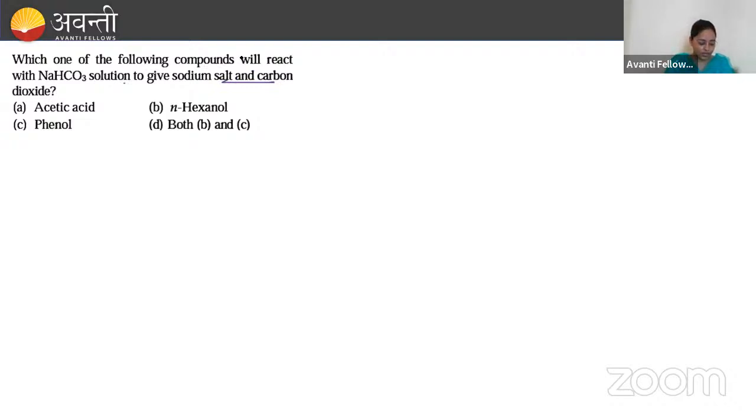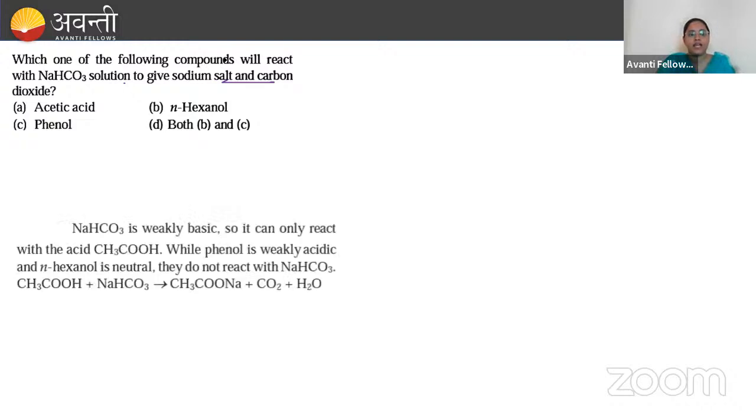Okay, next question. Which one of the following compounds will react with NaHCO3 solution to give sodium salt and carbon dioxide? So what is the correct answer here? You know that NaHCO3 is a weak base. So it can only react with an acid like acetic acid. While phenol is weakly acidic, and n-hexanol is neutral, so they do not react with NaHCO3. N-hexanol and phenol cannot react because they are themselves only weakly acidic or neutral.